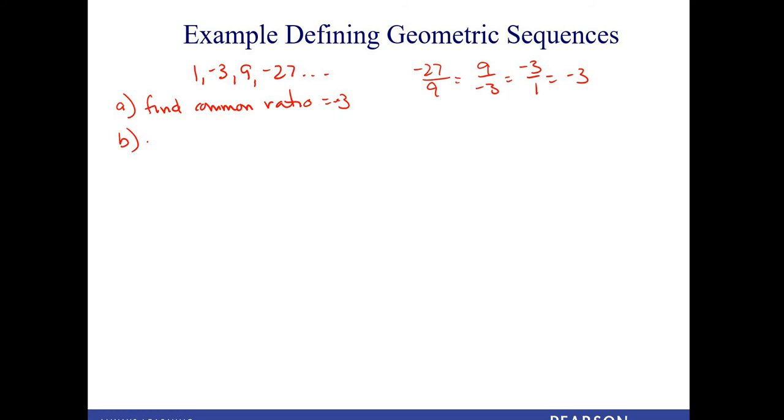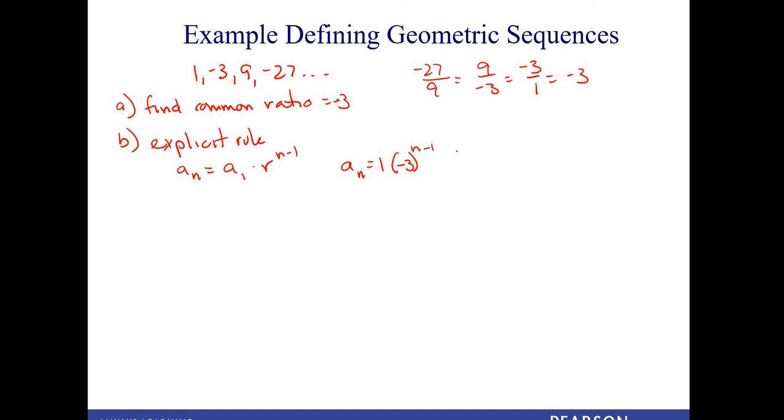All right, let's go ahead and find an explicit rule. Our explicit rule for a geometric series says a sub n equals a sub 1 times r to the n minus 1. So for this particular geometric series, a sub n is going to be 1 times -3 to the n minus 1.